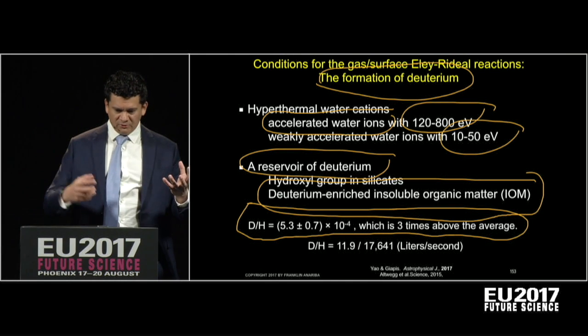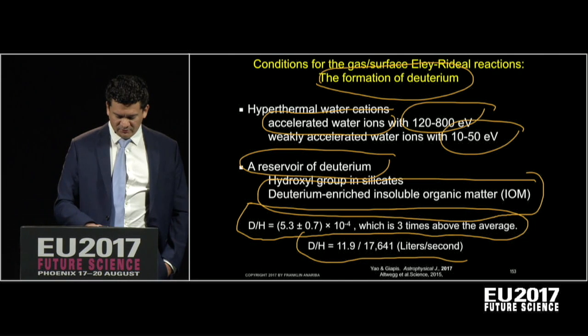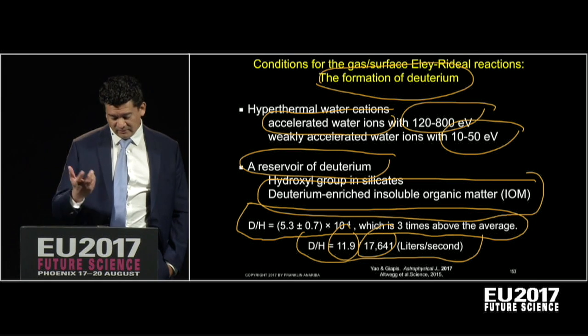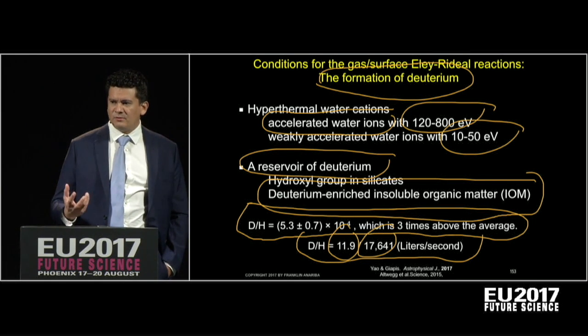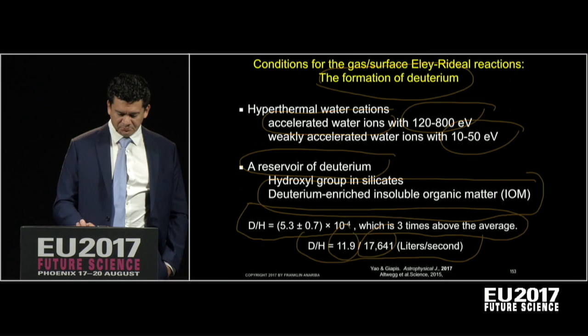So you take water, you take deuterium, and you get a comparison. If you want to look at it in terms of something that makes more sense, we're talking about liters per second being formed: deuterium, about 12 liters per second, versus 17.7 thousand liters per second of water being formed. Okay? These numbers are extracted based on spectroscopy data.